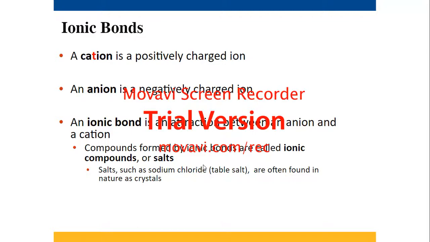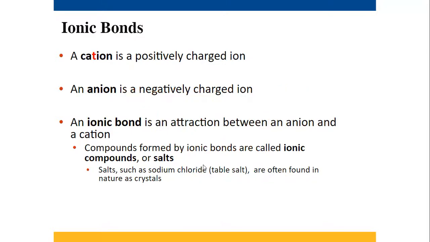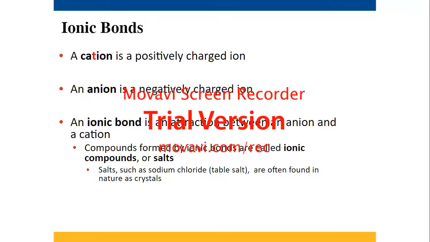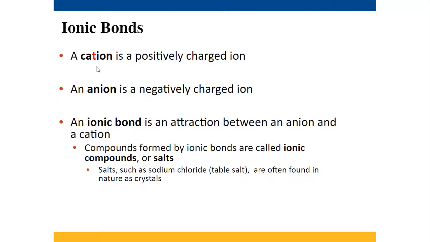Okay, all right, so just nomenclature. In nomenclature, the atom that is positively charged is going to be called a cation. Think of the t in cation as a plus sign, since the t is crossed. So think of cation for positively charged, and the negatively charged ion is called an anion.